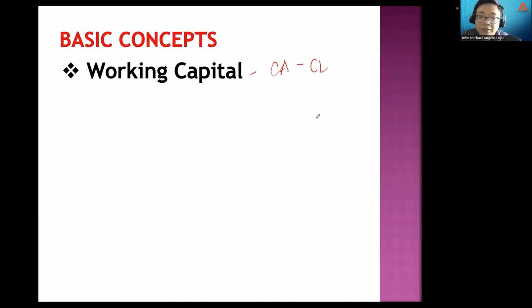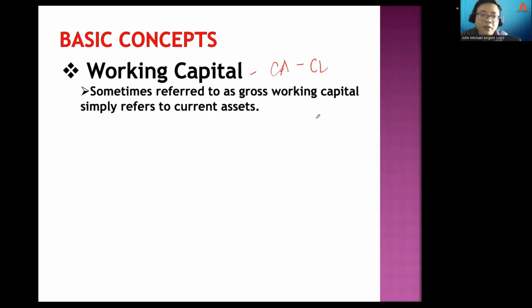Pero class, may nabasa ako sa isang libro, no? That the working capital daw, baka lang ibahin sa board exam. If ever man, the first choice when you say about working capital, it is the current assets minus current liabilities. Pero what if wala sa choices ang current assets minus current liabilities?